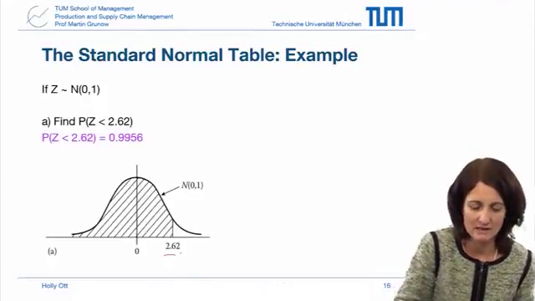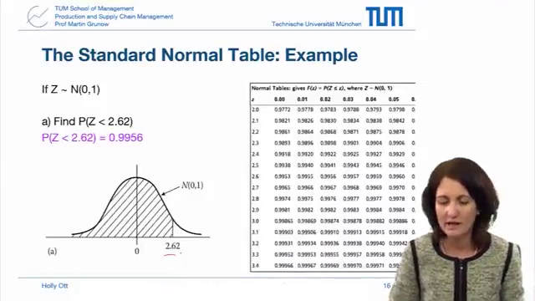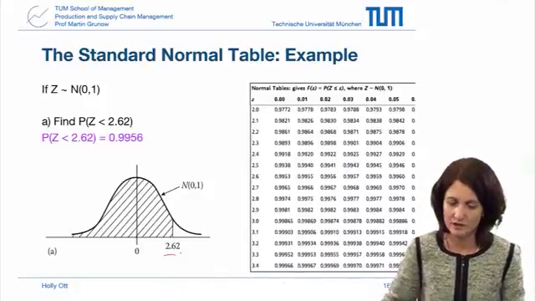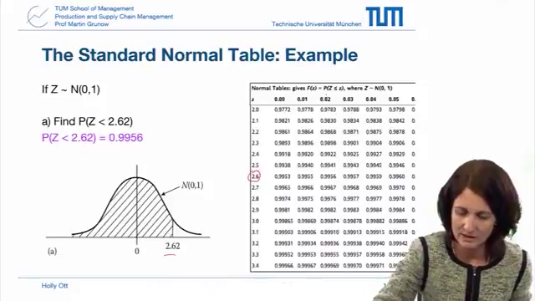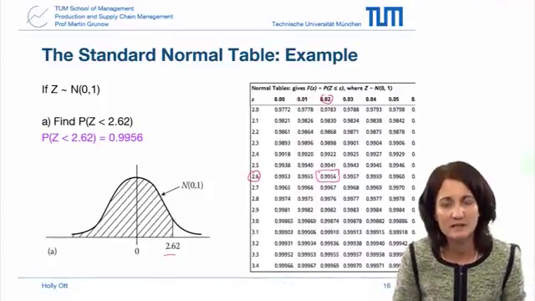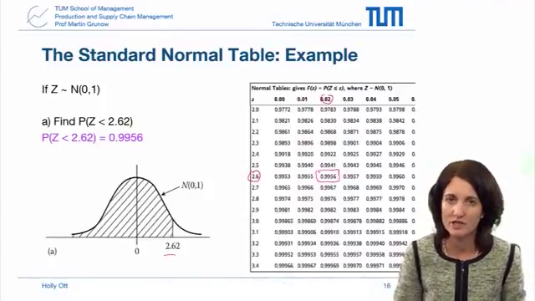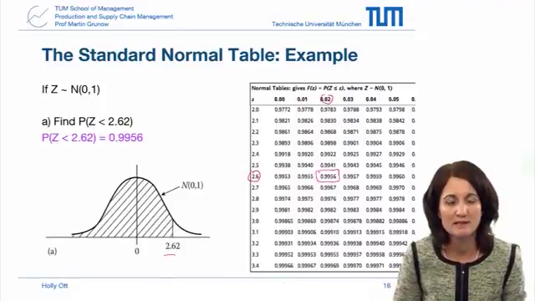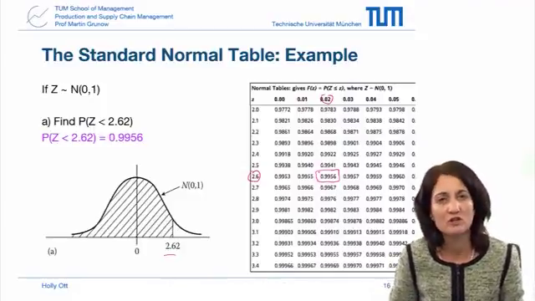We have Z 2.62, and we look up in the table 2.62. There's the proportion, 99.56% of our population will be below 2.62. Look at our picture, looks reasonable.